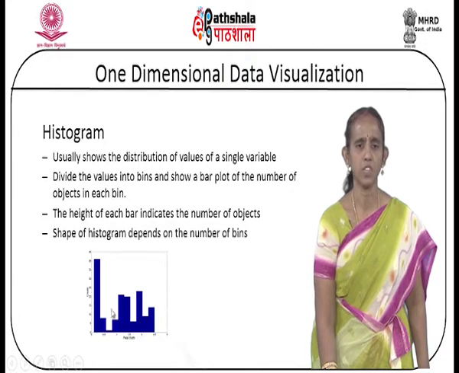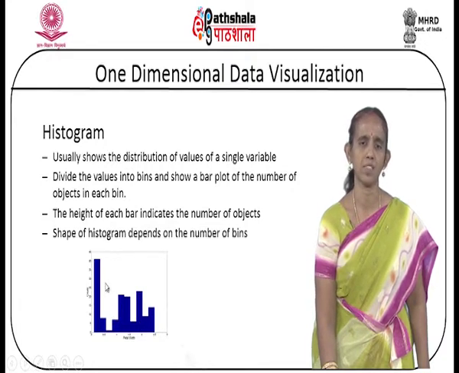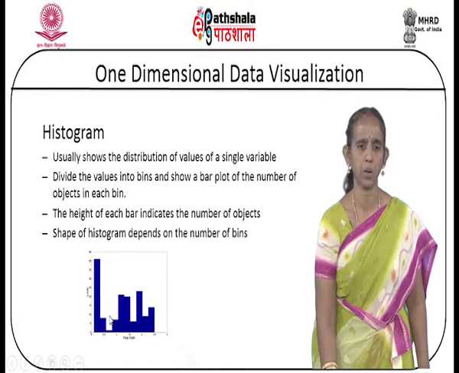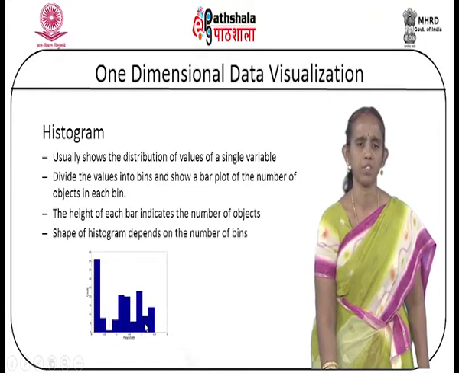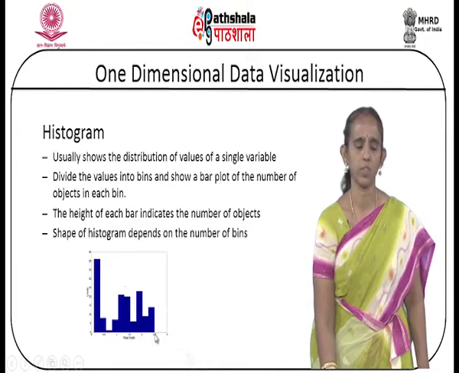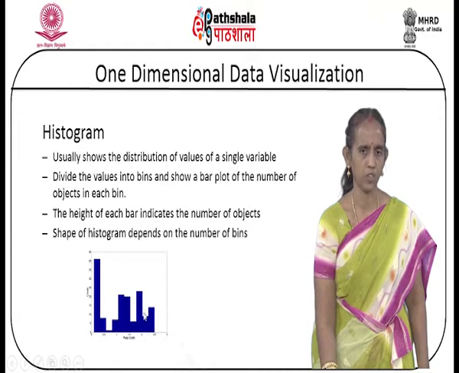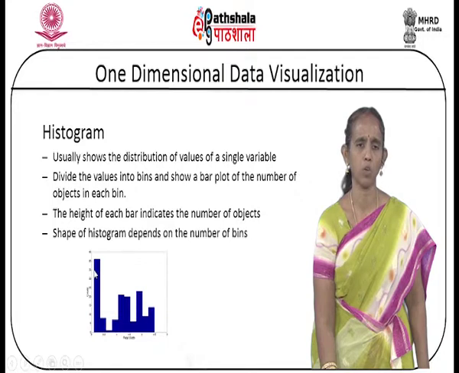The height of each bar in the histogram indicates the number of objects present in that particular bin, and the shape of the histogram depends on how many bins we consider. So here is a good example of a histogram. There are various bins we can see, and the height of each bar represents the number of objects that belong to that particular bin.